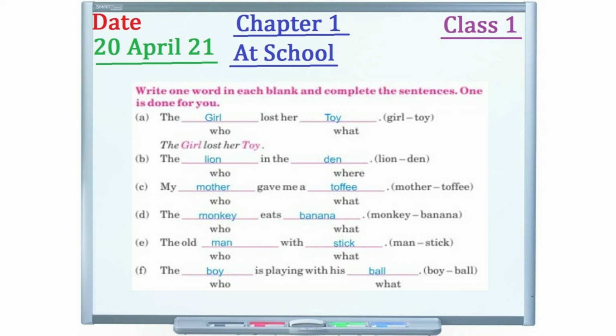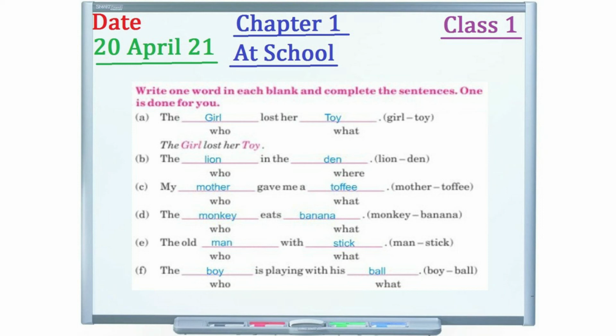Write one word in each blank and complete the sentences. One is done for you. A. The dash lost her dash. Options are girl and toy. What is the complete sentence? The girl lost her toy. This hint is given.